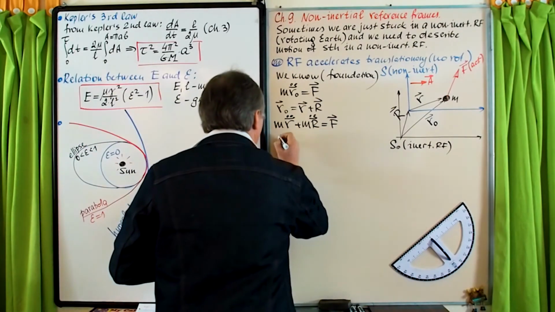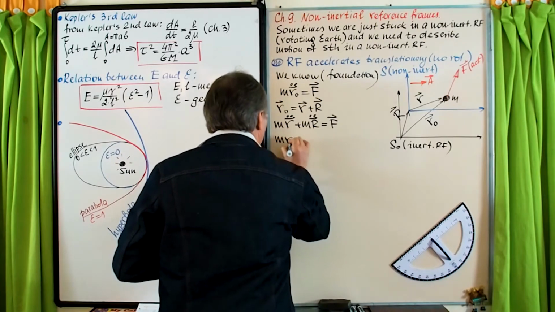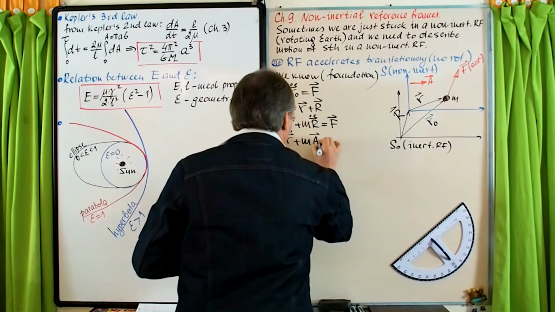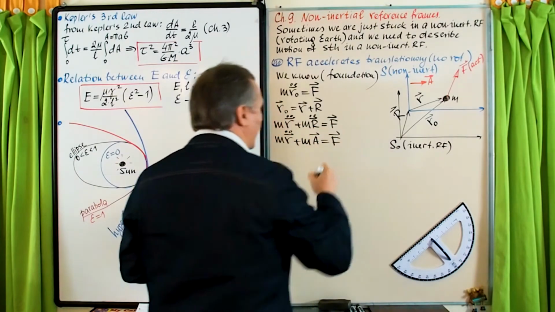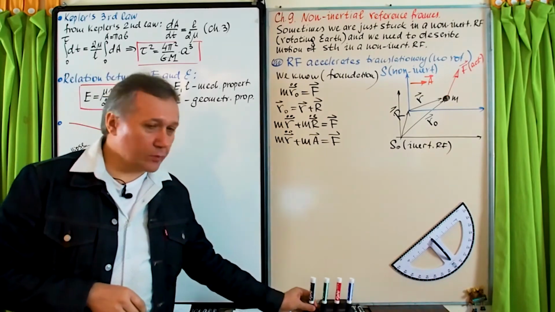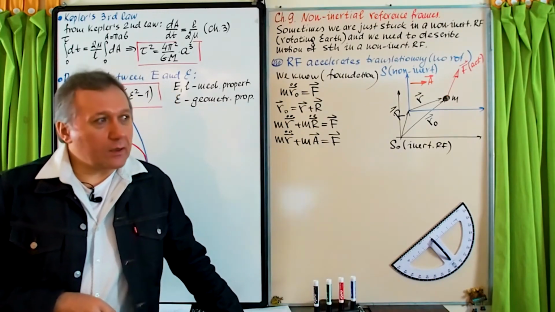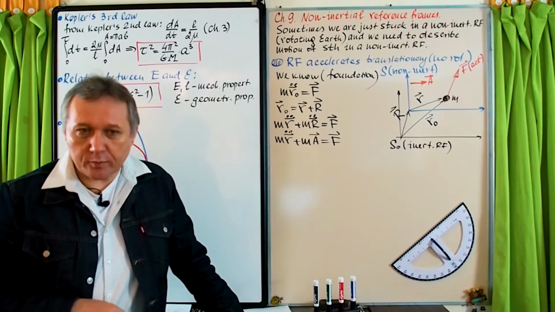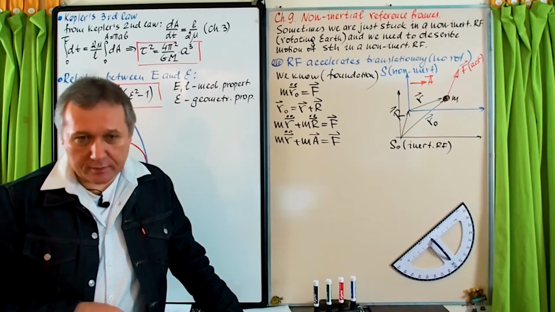So now let me rewrite one more time: mr double dot plus ma equals the actual force acting on the system. So now we need to come up with an idea or conclusion. How should we look at this equation?